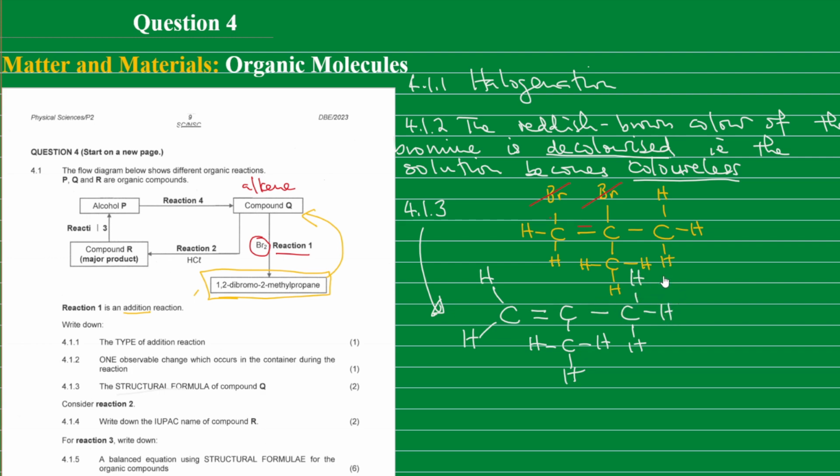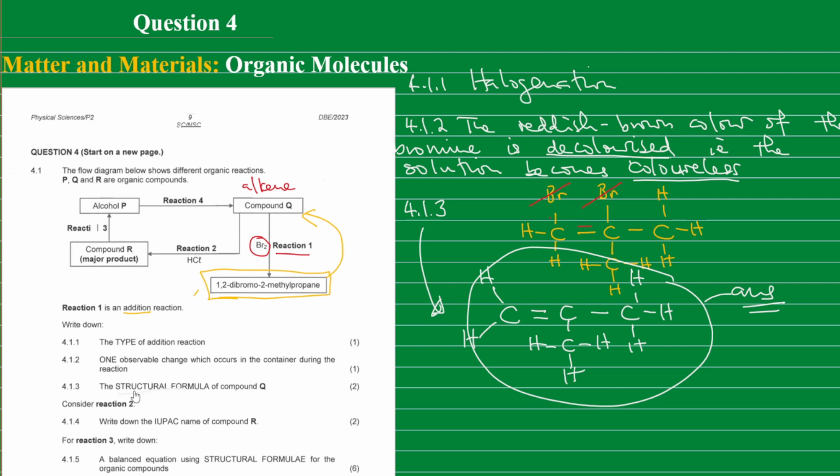So this will be our final answer, which has a methyl group. If we were to give it a name, this is methylprop-1-ene, or simply methylpropene. So that's the structural formula, the answer that they want.